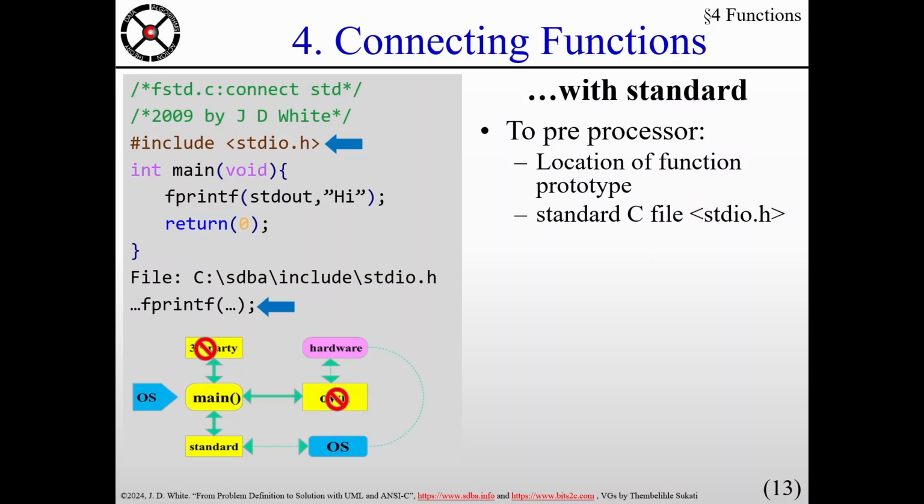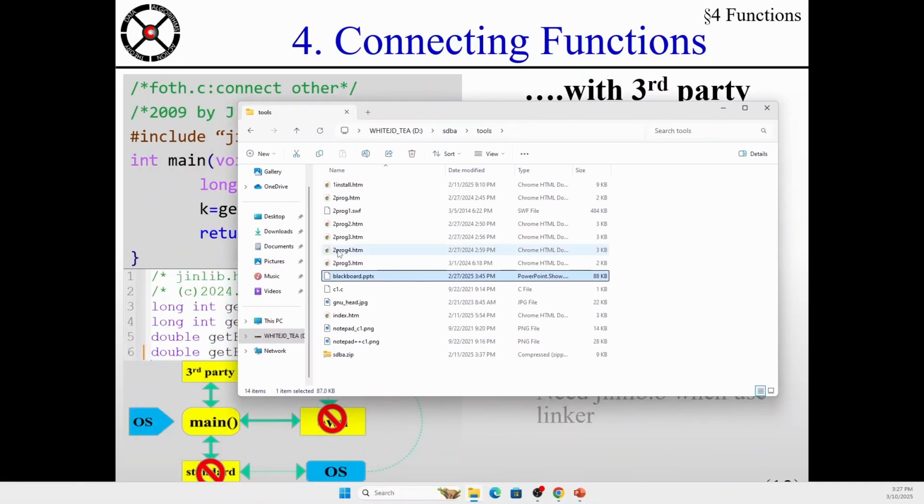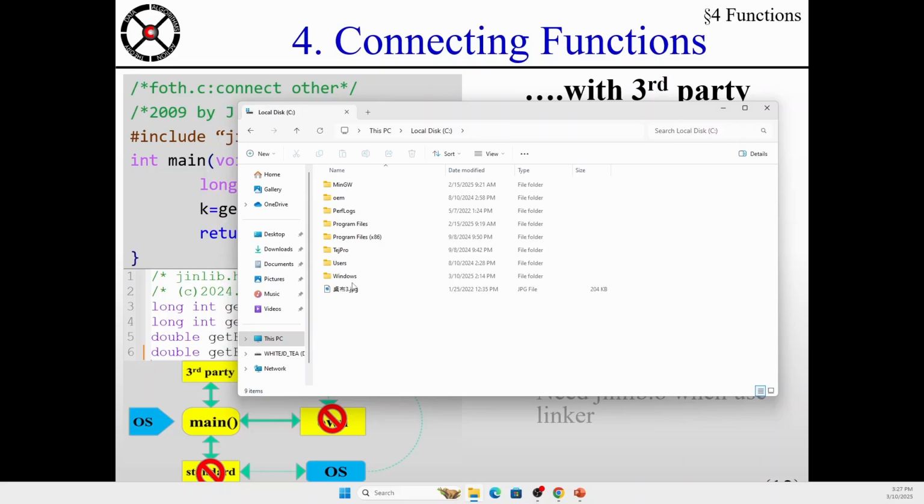Let's go look at that. Okay. Let's find. Got to be C drive. This PC, C drive. Okay, trying to find, here we are, it should be in include, right?